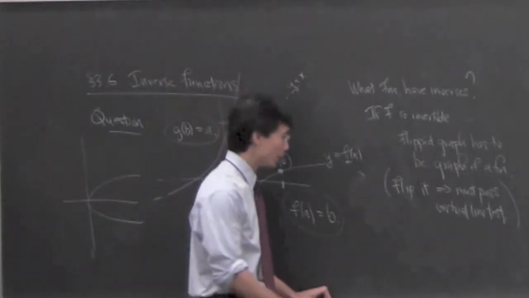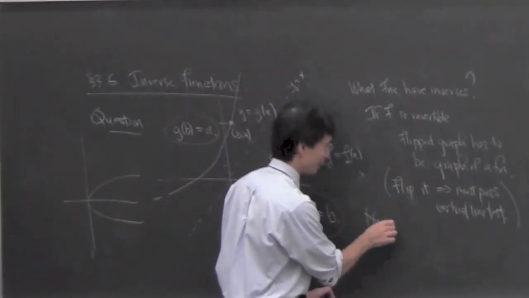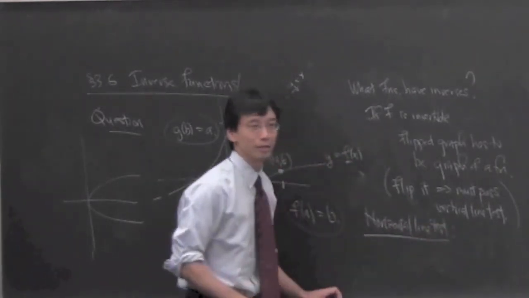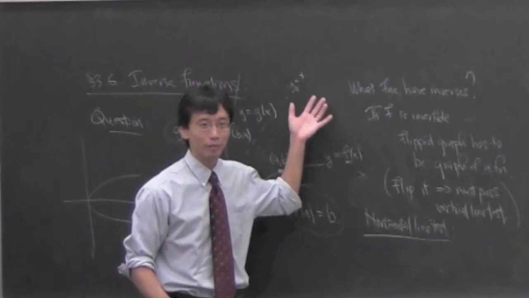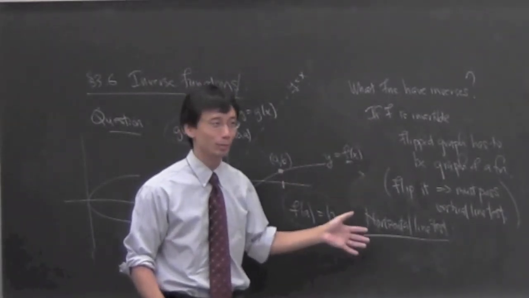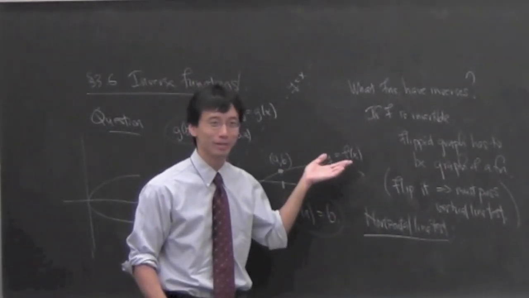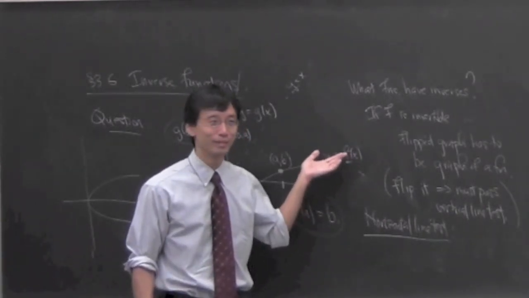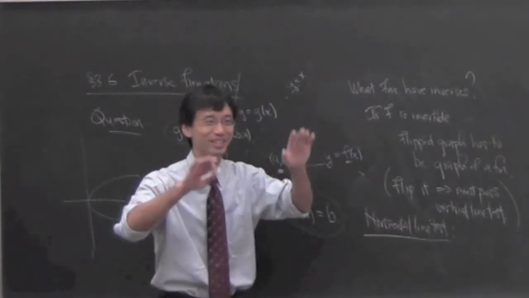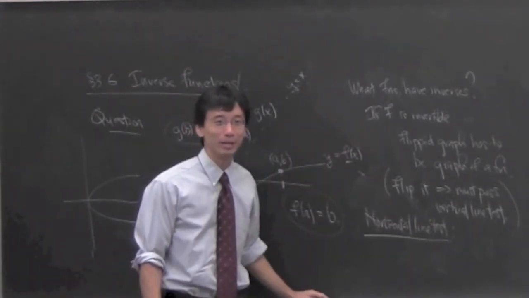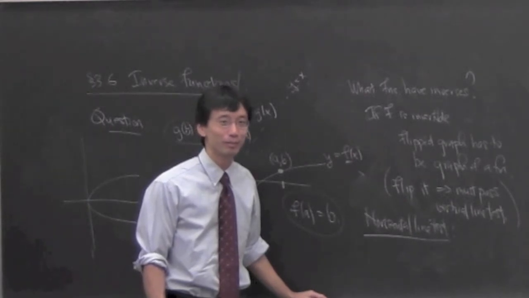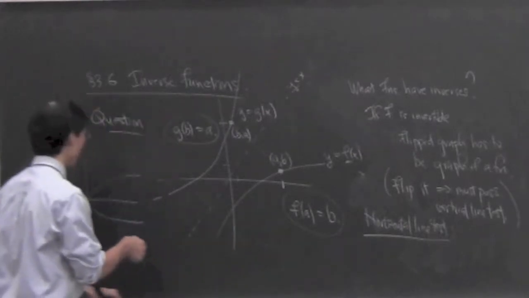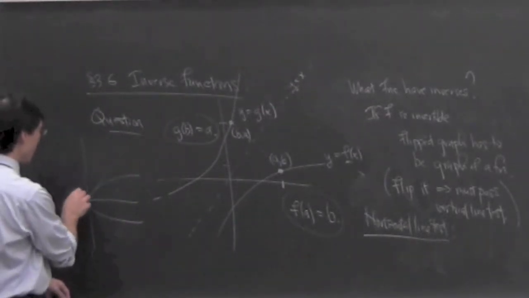Okay, and so this leads to something that people call the horizontal line test. When you flip it, the flipped graph has to pass the vertical line test. What does that tell you about the original graph?